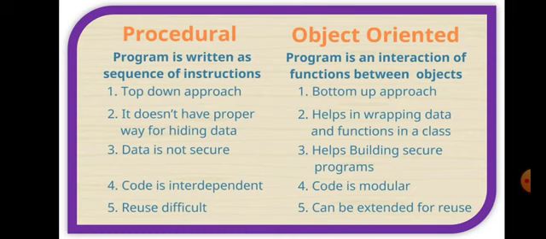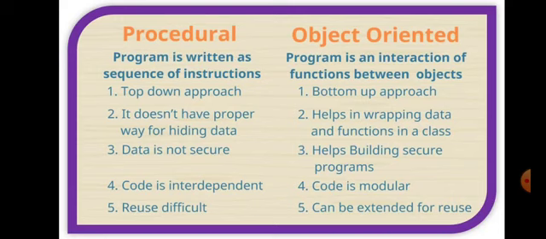Like in the previous example, I have given you the attendance register will have your name, the month, whether you are present or absent for the day. It will hide all your other particulars of date of birth, parent name, parent mobile number, your address for communication, your PIN code, your mobile number, etc. So third point, data is not secured in procedural language.